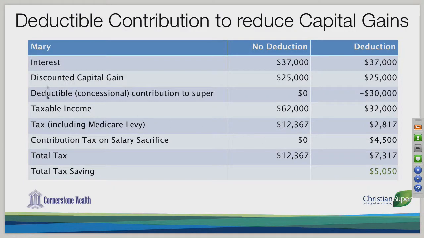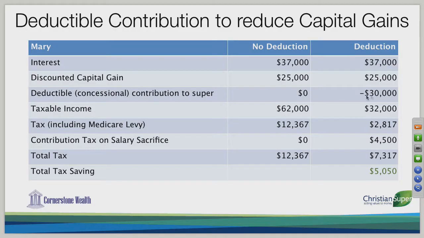Now, Mary is a different scenario where she can make what we call deductible contributions to super. This is because she's not working, she's considered substantially self-employed. Because she's not employed, she can make a deductible super contribution of $30,000. So she doesn't need to be employed.